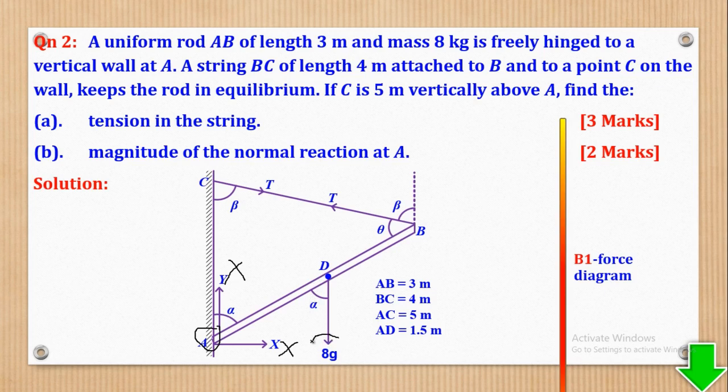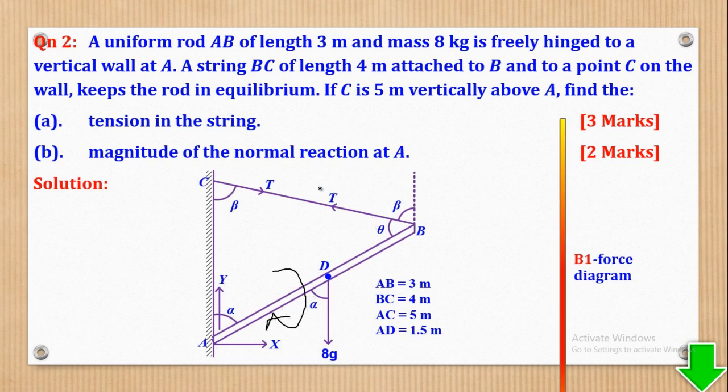The F is the force, which will be 8g. Then the D is the distance from the pivot to the point where the force meets the rod, and that distance is 1.5. Then the sine theta, in this case, is sine alpha. So the moment will be 8g times 1.5 times sine alpha. That will be a clockwise moment.